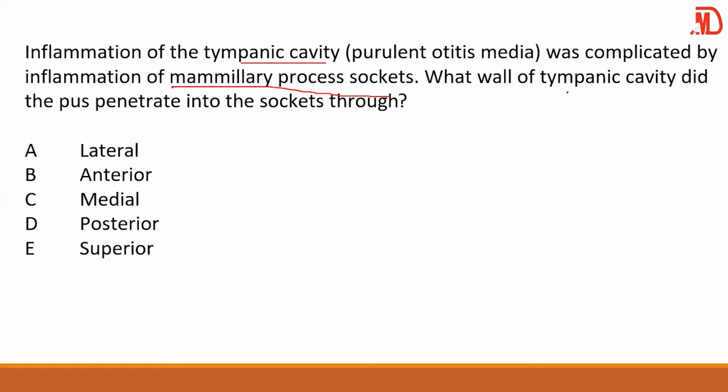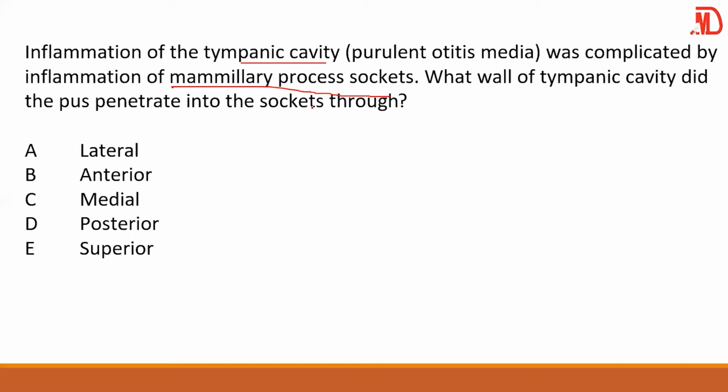What wall of the tympanic cavity did the pus penetrate into the socket? So over here, we are not talking about an infection inside the nose or something causing this tympanic cavity inflammation. Over here, we are talking about inflammation of the mastoid process.